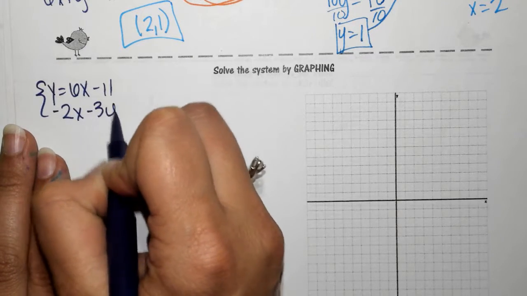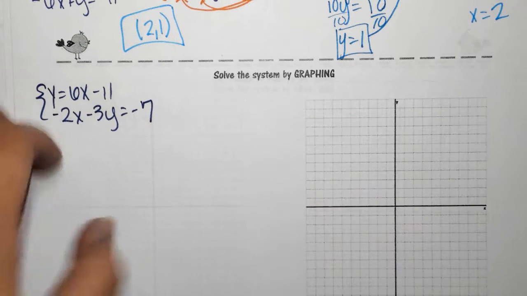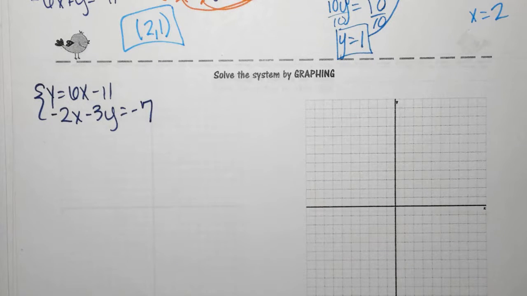Alright, now I want us to rewrite our system right here. Now, do we have one of our equations already solved for y? Yes, the top one. So let's go ahead and graph that bad boy. Does anybody remember how? Do I need to give y'all a second? Do I need to pause? Okay, I'll pause. I get excited.